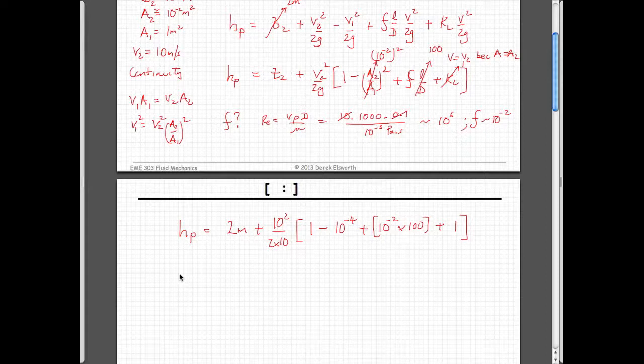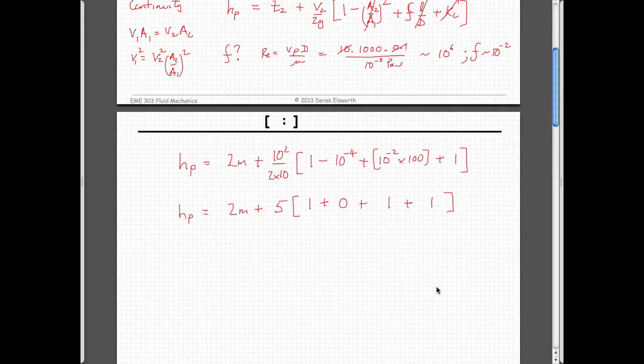And so the pump head that we need is going to be equal to 2 meters plus 100 divided by 10 is 10. Divided by 2 is 5. And it's 1 plus 0 plus 1 plus 1.